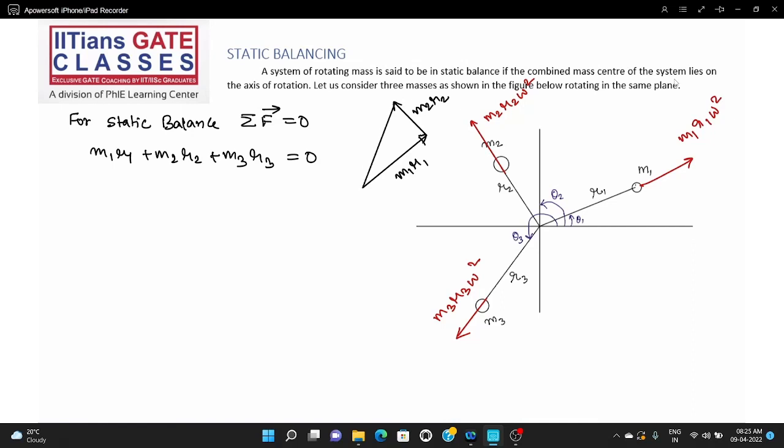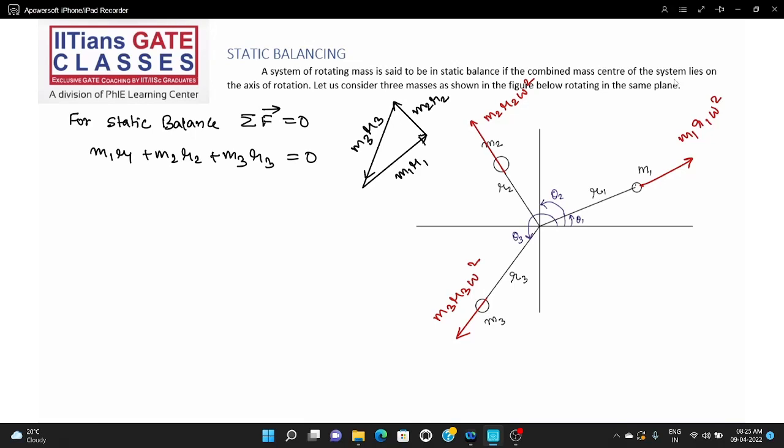So all the three forces are going to form a closed triangle. If it is a closed triangle, then definitely the sum of all three forces is equal to 0. That is a known thing.